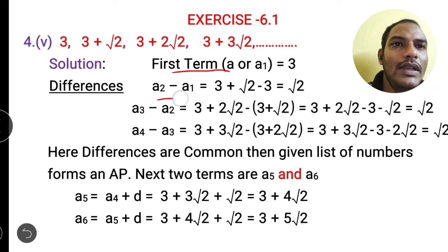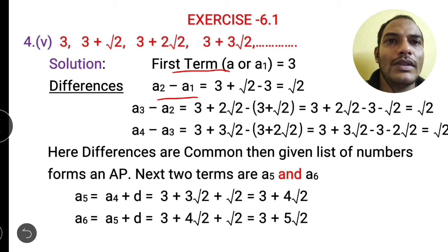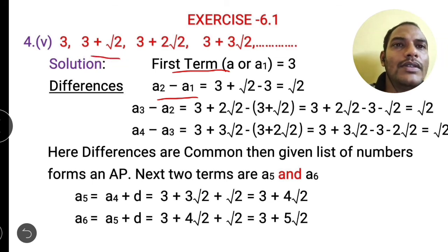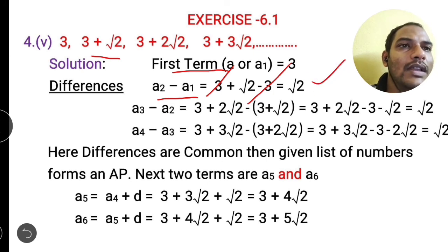First difference, a2 minus a1: the second term 3 plus root 2 minus the first term 3. Here we can cancel plus 3 and minus 3, so a2 minus a1 is root 2.